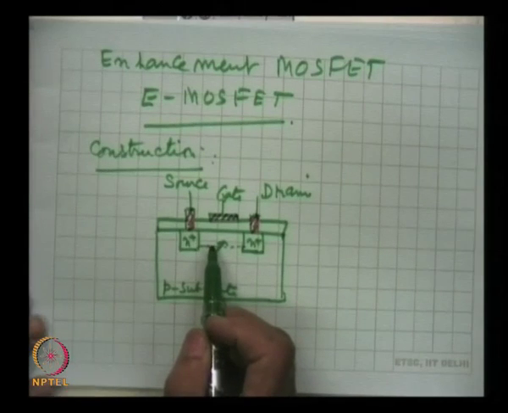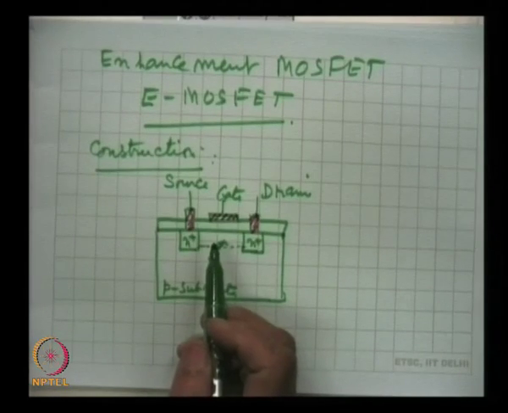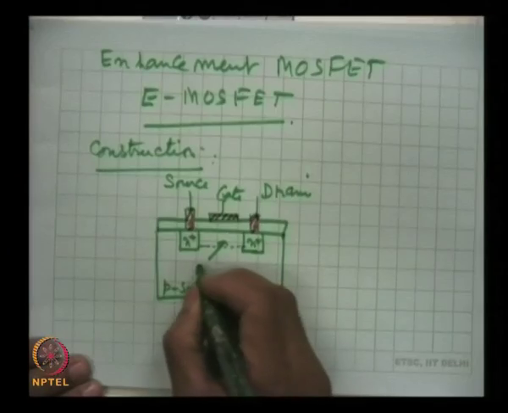Remember, in enhancement MOSFET there is no channel initially which exists in the device. So, at the fabrication time there is no channel, and so this is channel region.